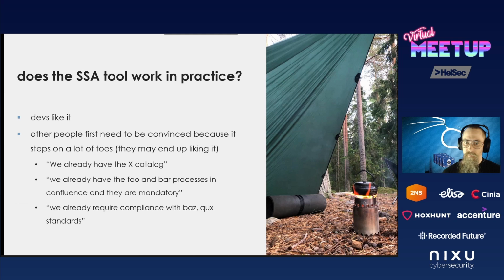And some other compliance teams might also think that we already have defined a process for how to do things. So it's somewhere in SharePoint or Wiki or Confluence or whatever, and they feel that this tool is overriding specifications that we already have. But anyway, the point here is that this tool is fairly simple. It takes developers a really small time to fill in all the answers, and it's not really duplicate information. It's just information that is helpful in addition to all the other stuff we already have.